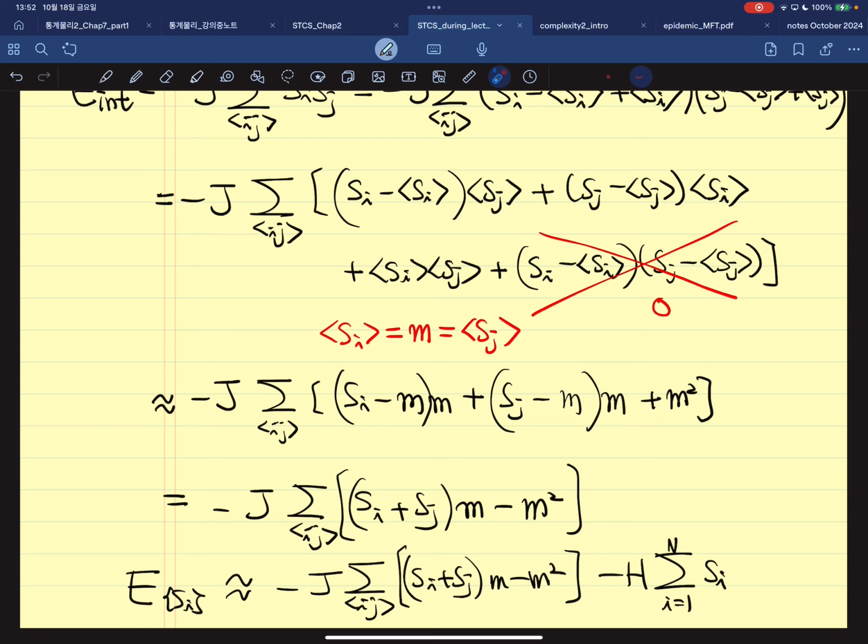And if you assume the symmetric interaction between I and J, this is a linear term of Si and Sj. So sum of all the things actually, let's move this to the next thing.